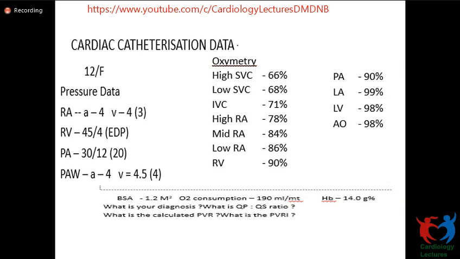So there is a left to right shunt at the level of RA, sir, most likely because of an ASD. This minor 15 millimeters of mercury pressure gradient across the pulmonary valve must be related to the torrential flow because of the ASD.